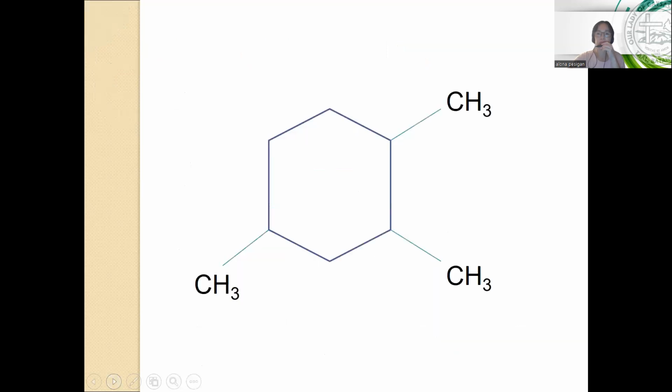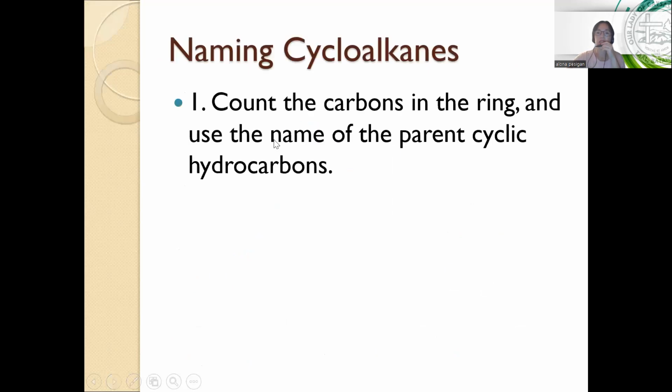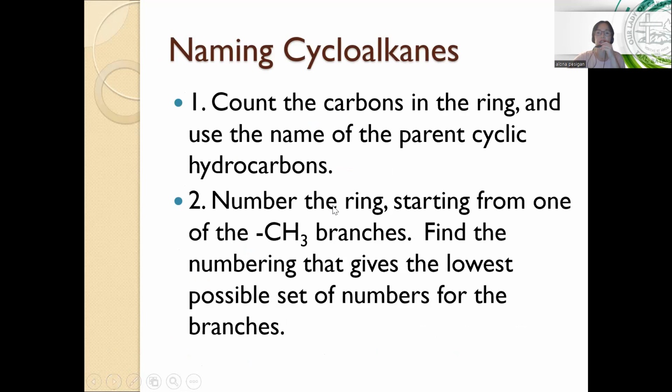So, for example, how are we going to name this? In naming, count the carbons in the ring and use the name of the parent cyclic hydrocarbon. Number the ring starting from 1 at one of the substituent methyl branches. Find the numbering that gives the lowest possible set of numbers for the branches.